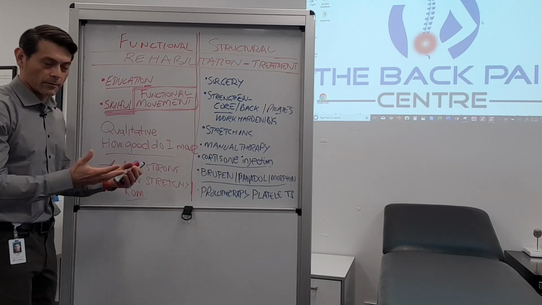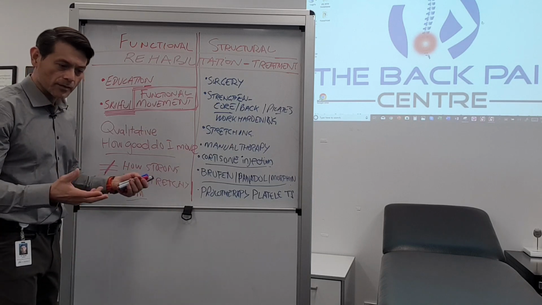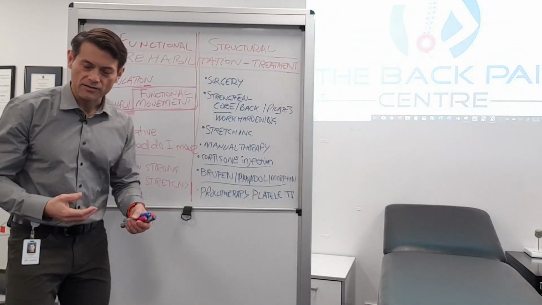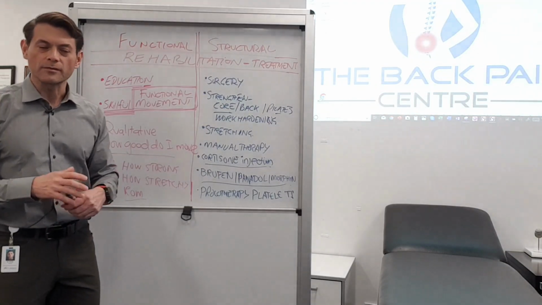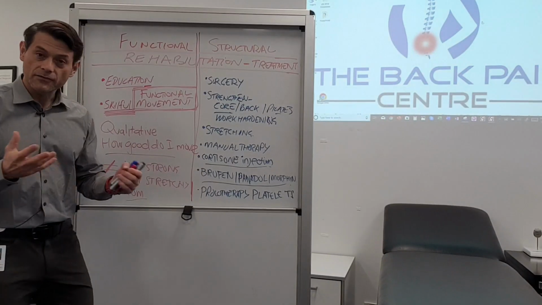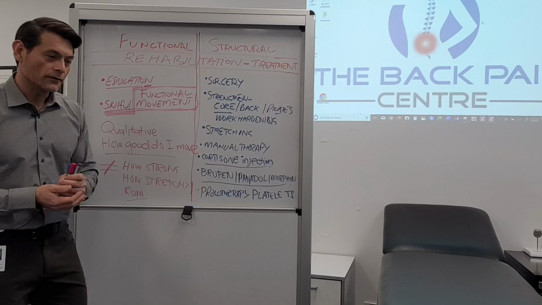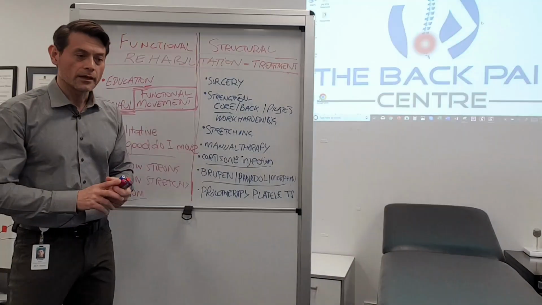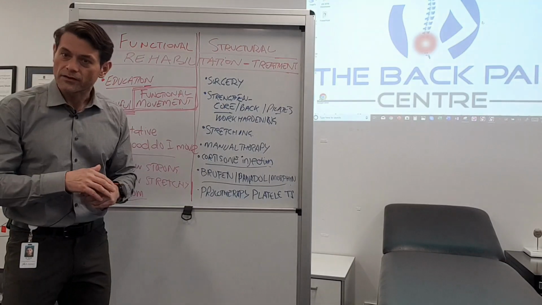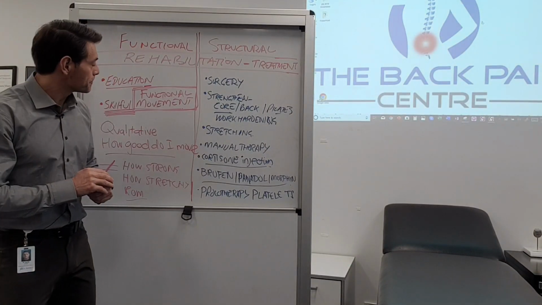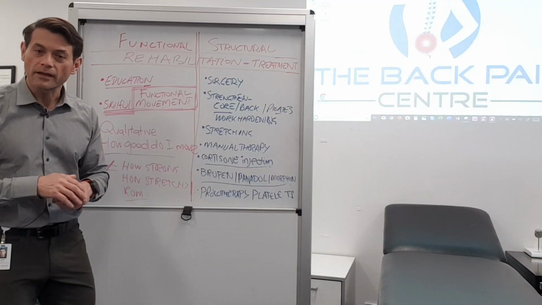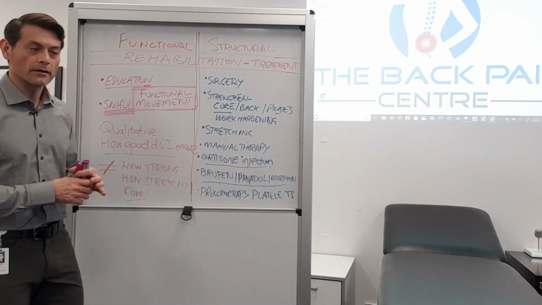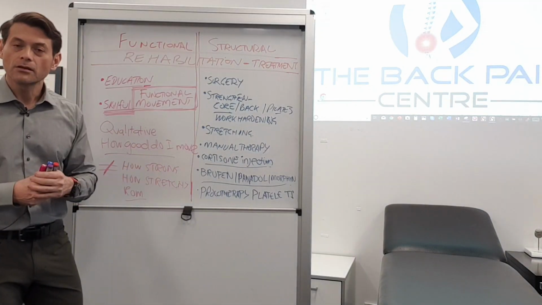Because if we think about our musculoskeletal system, the primary purpose of having a musculoskeletal system, muscles, joints, ligaments, tendons, is for movement. And so if the musculoskeletal system, which includes your spine, is failing, then the disability must, by definition, be a functional problem.